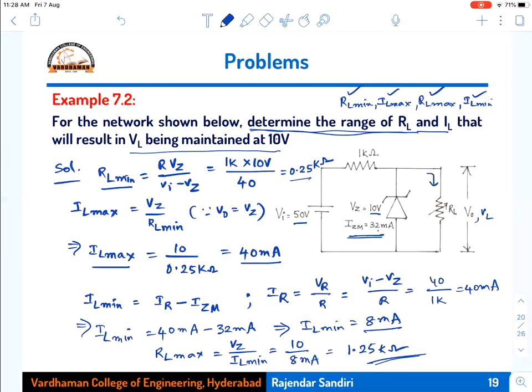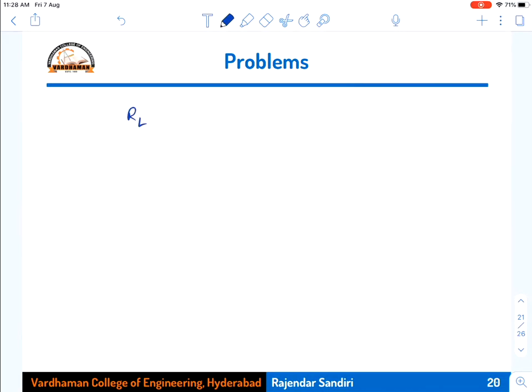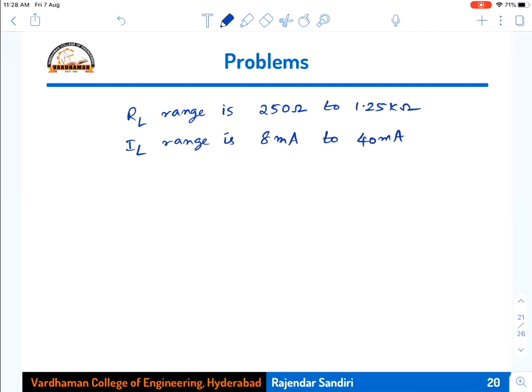That means 250 ohms to 1.25 kilo ohms, 8 milliamperes to 40 milliamperes. So RL ranges from 250 ohms to 1.25 kilo ohms, whereas IL ranges from 8 milliamperes to 40 milliamperes.